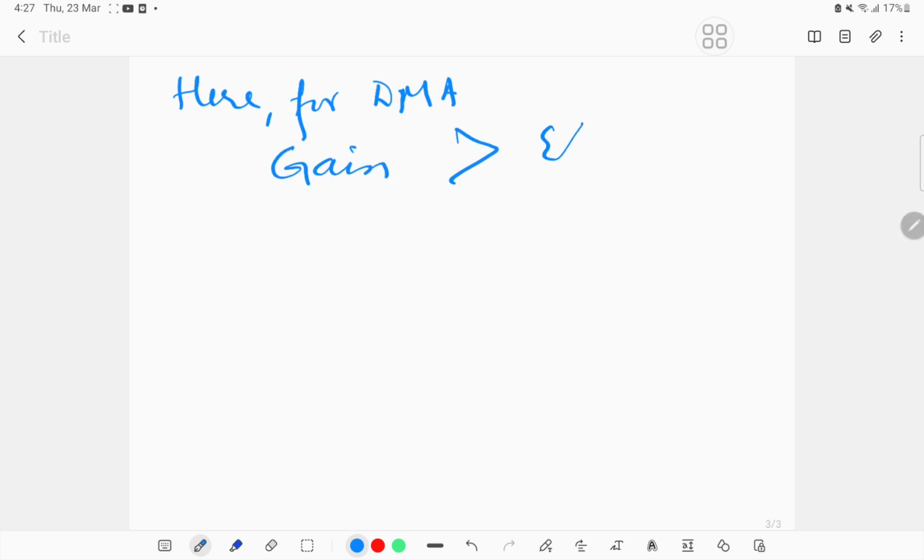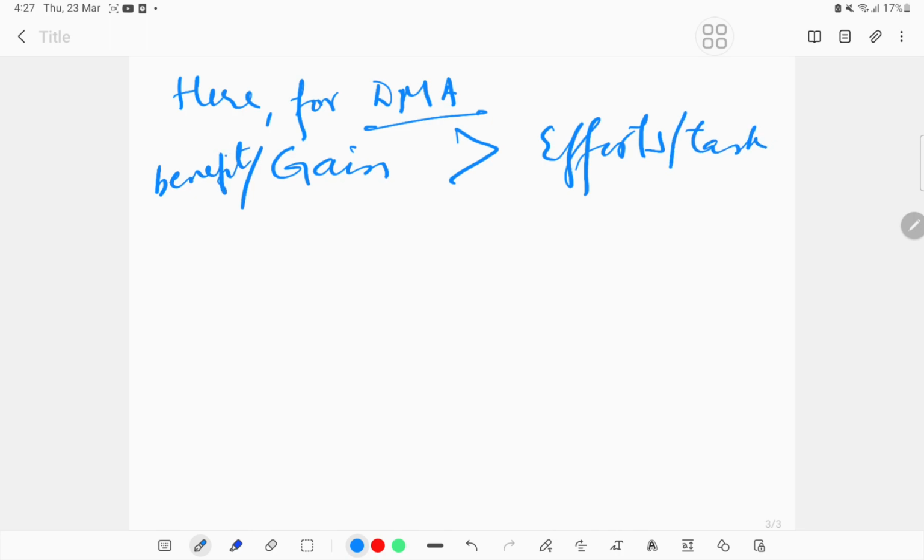In economics, such a type of analysis, where the gain or the benefit we receive is more than the efforts or the money we spend, is known as marginal analysis.